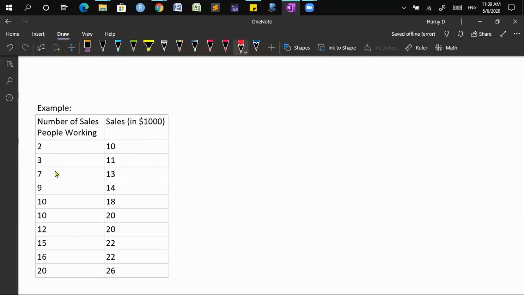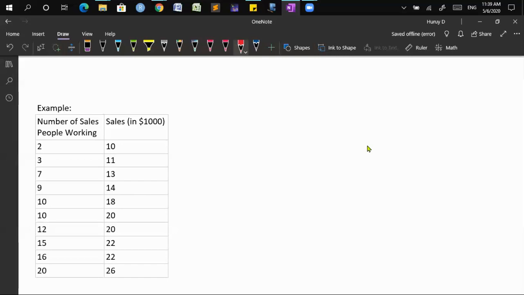Now the question is, how do we put this into a scatter plot? When you have data like this, the first thing is which one should be X and which one should be Y. There is a natural dependency. Which one comes first, at least? Do we think this one comes after this one, or this one comes after this one? I believe this has to be first, right?